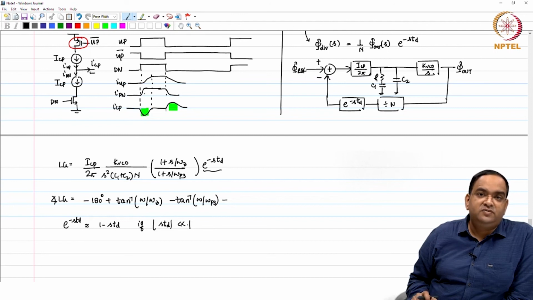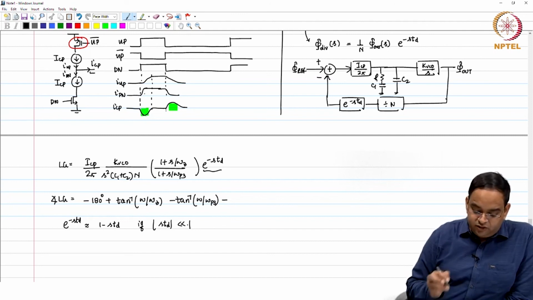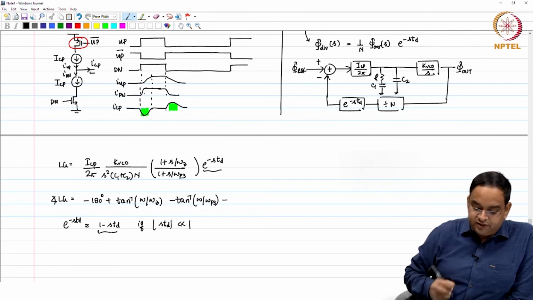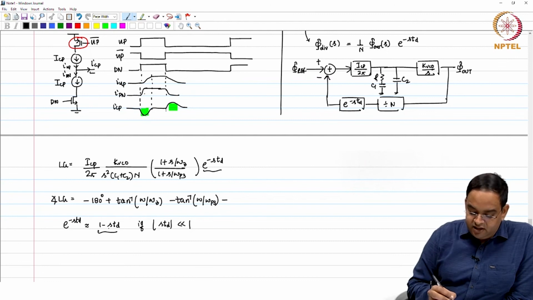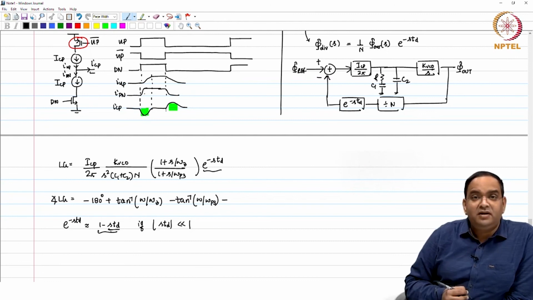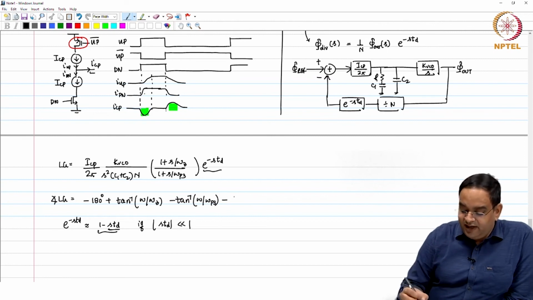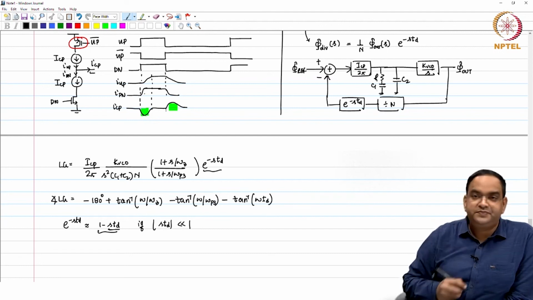If the delay is much lesser than the reference clock period, then we can do this. So, if this is an approximation of e power minus s t d, then you see it is like a right half plane 0, and a right half plane 0 will reduce the phase. This is going to be omega times t d.